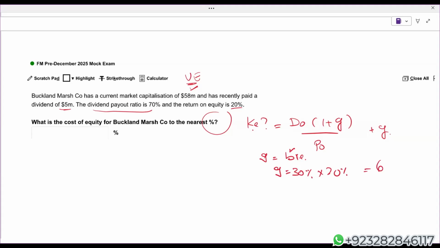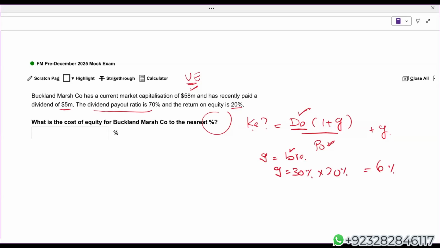Logically, the growth rate is 6%. D naught is the current dividend per share and P naught is the current share price. Since the examiner has not given us the total number of shares, there is no problem. We can replace D naught with the total dividend, and P naught with V, the total market value of equity.